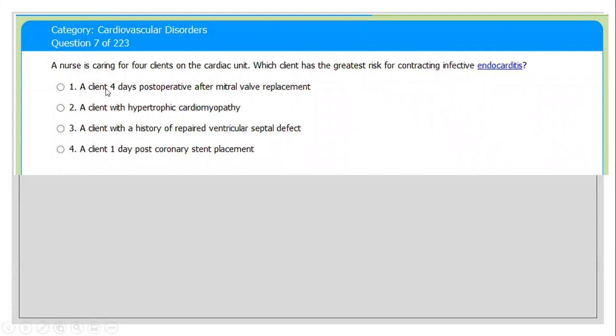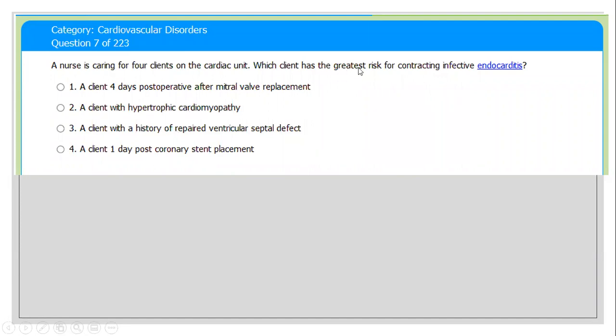Number 1, a client 4 days post-operative after mitral valve replacement. Number 2, a client with hypertrophic cardiomyopathy. Number 3, a client with a history of repaired ventricular septal defect. And number 4, a client 1 day post coronary stent placement.